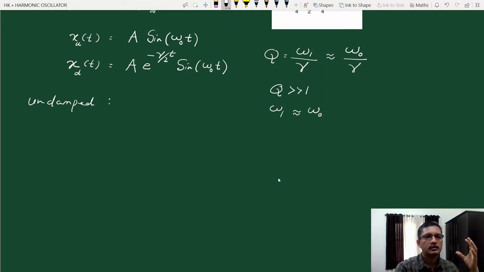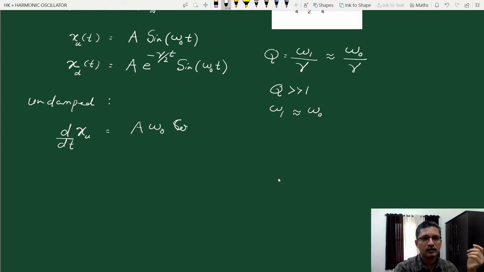At the maximum position, the rate of change of displacement will be 0. So for the undamped case, take the displacement and find the derivative, d by dt of x u. And for the undamped case, what is the derivative? A is a constant. Sine omega 0 t, its derivative is cos omega 0 t multiplied by the constant omega 0.